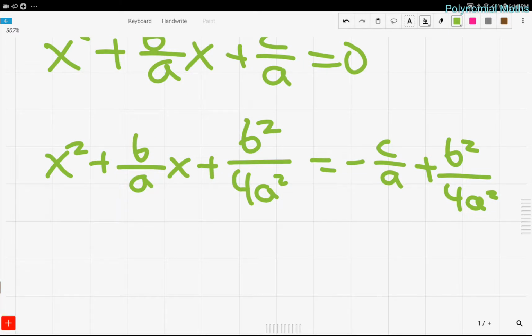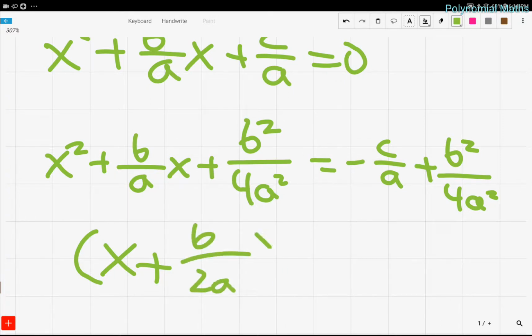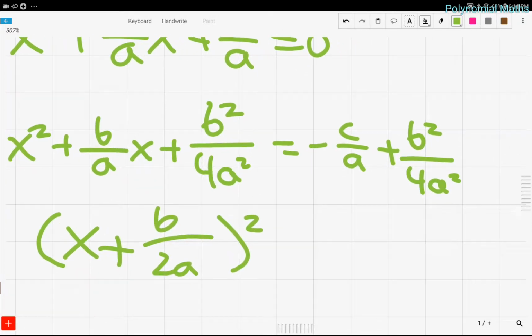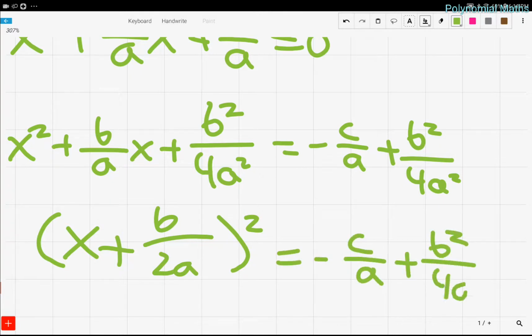From there, what we do is we can then factor this into a perfect square. So this becomes x plus b over 2a squared, and that equals negative c over a plus b squared over 4a squared.